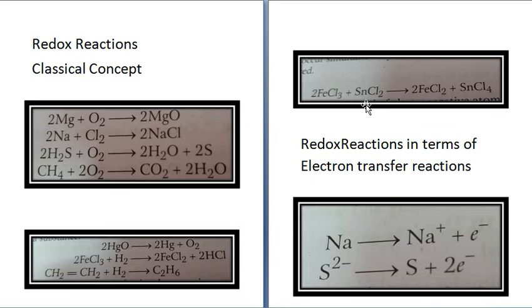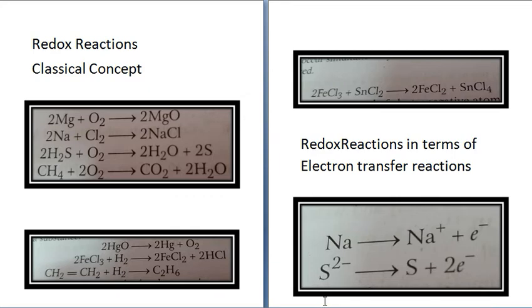Now in this case, FeCl3 is undergoing reduction. Why? Because the electronegative atom, chlorine, has been removed. From FeCl3, it has got converted to FeCl2. And SnCl2 has got converted to SnCl4. So, SnCl2 is simultaneously being oxidized, due to addition of electronegative atom chlorine.